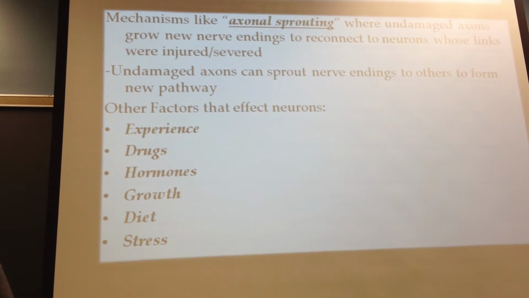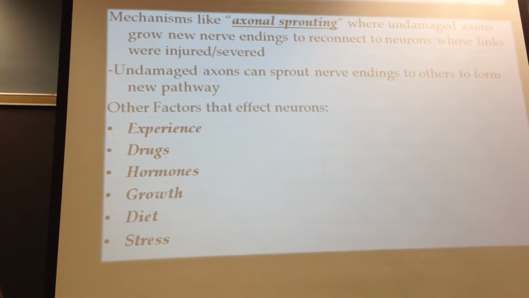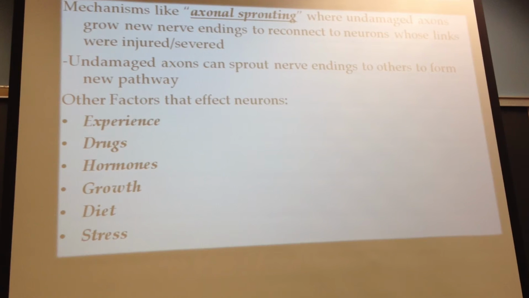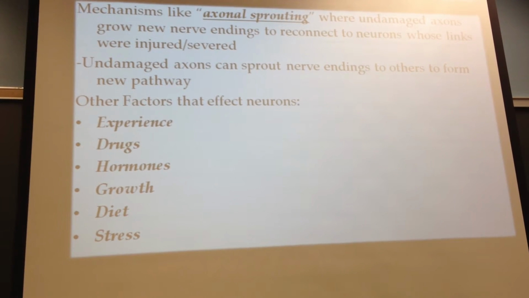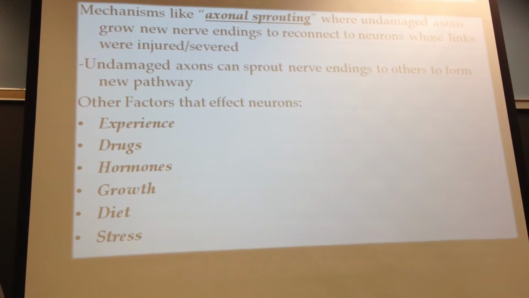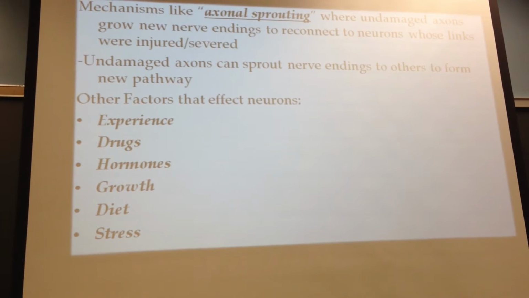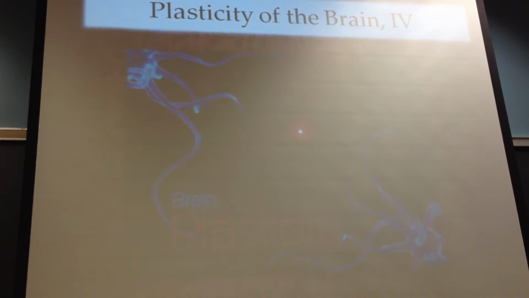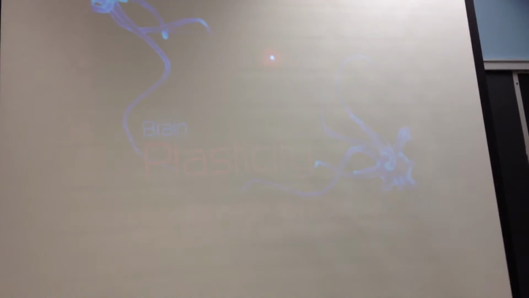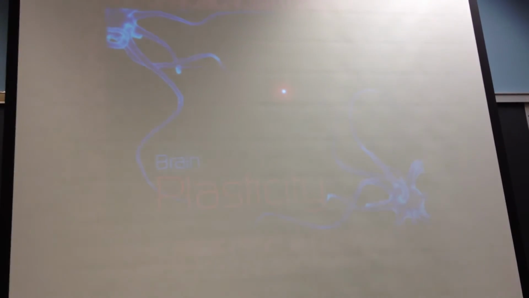Undamaged axons can sprout nerve endings to form others and new pathways. Other factors that can affect neurons are things like drugs, experience, hormones, growth, diet, and stress. This is a picture of a dendrite and some axons.